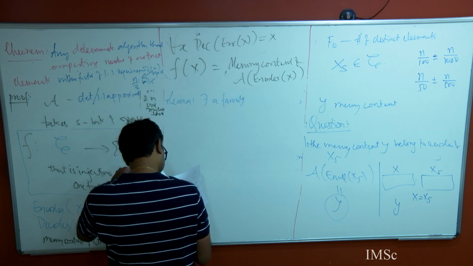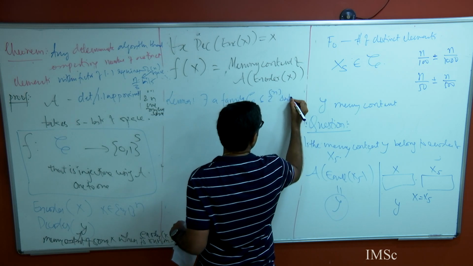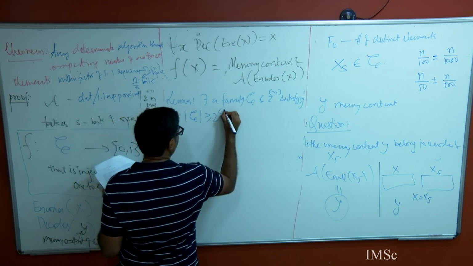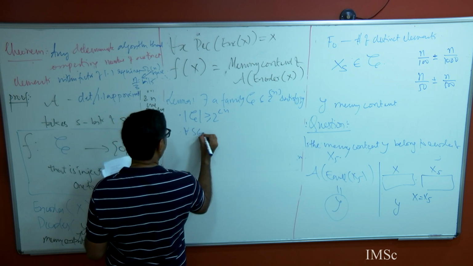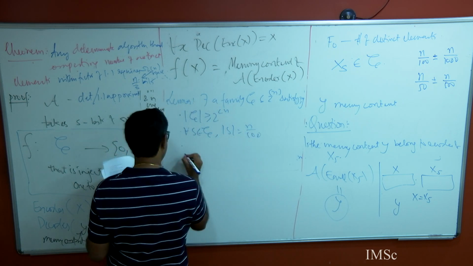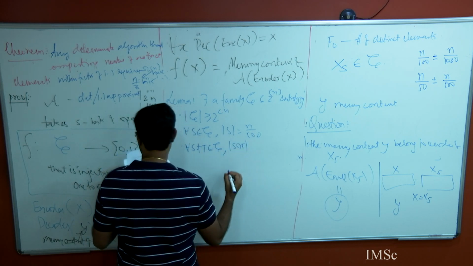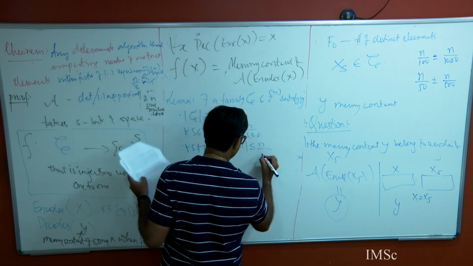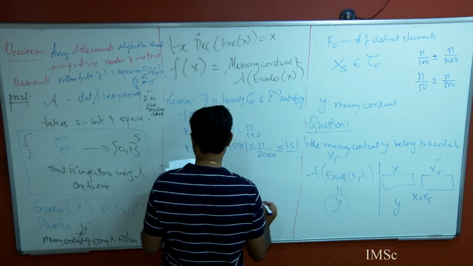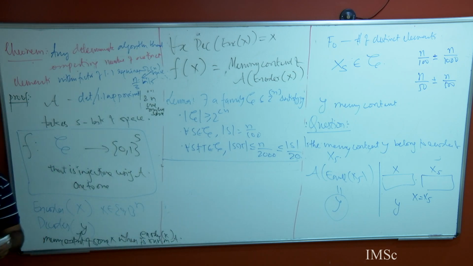Lemma: there exists a family C subset of 2 power n satisfying |C| at least 2 power Cn, for all S in C, |S| equals n over 100, and for all S not equal to T in C, |S intersection T| is at most n by 2000, which is less than or equal to |S| by 20. So this is the family I will construct.